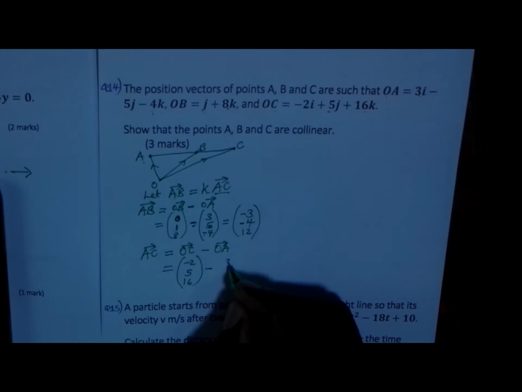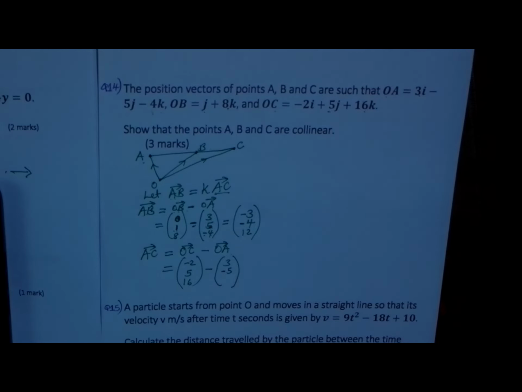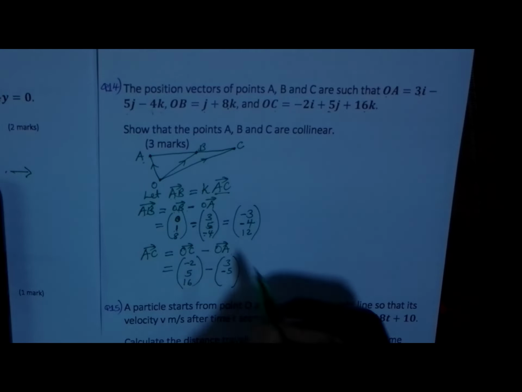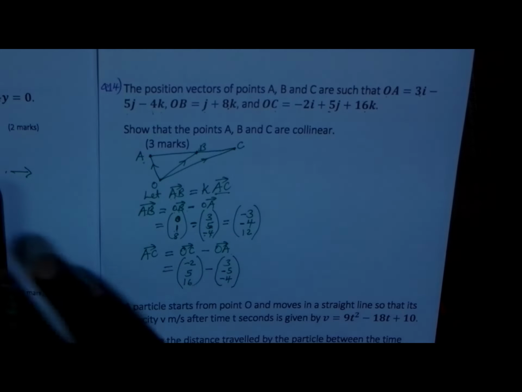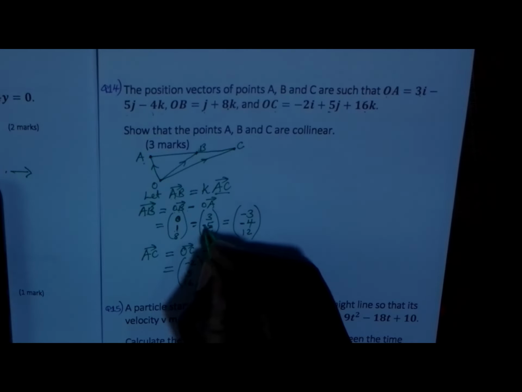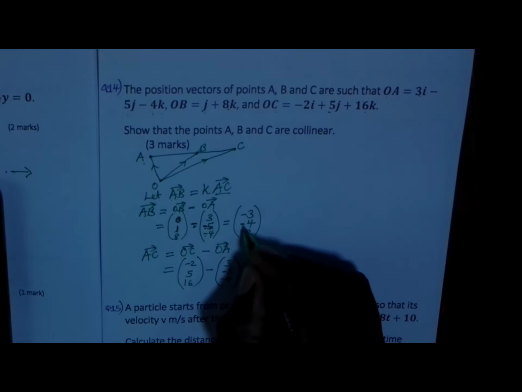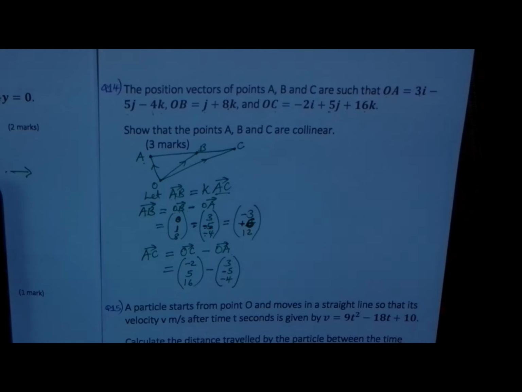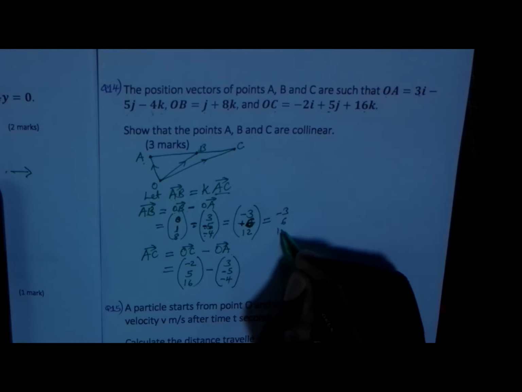OA is 3, then minus 5, then minus 4. In our first case here, we made a mistake. There was minus 5, so 1 minus minus 5 should be plus 6. Sorry for that correction. So that's minus 3, 6, 12.